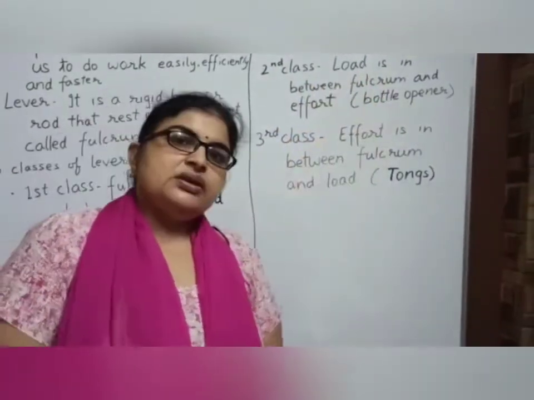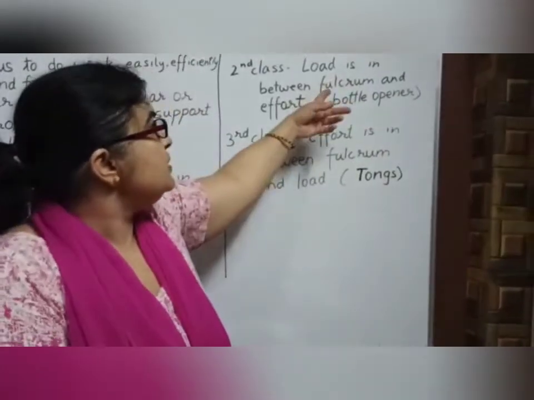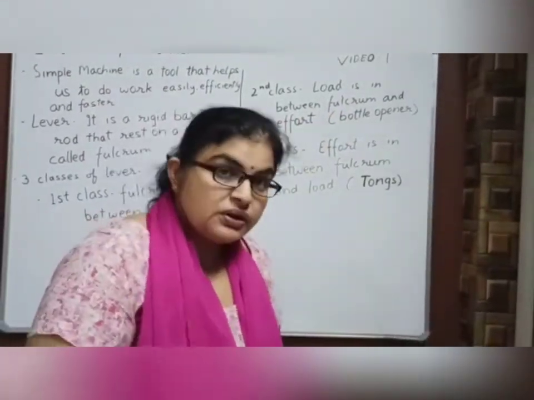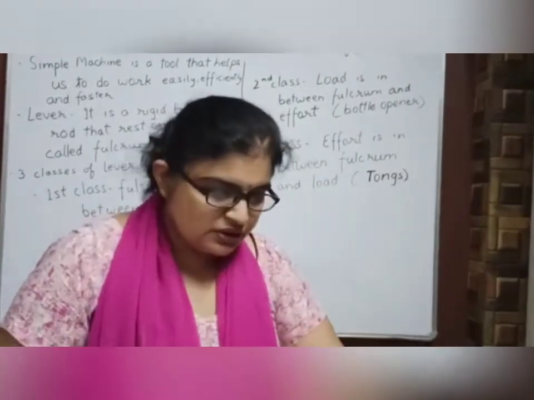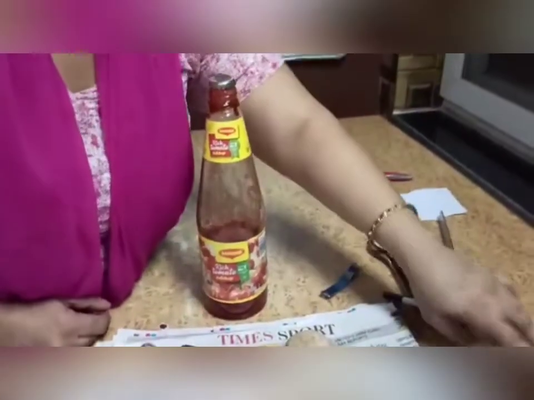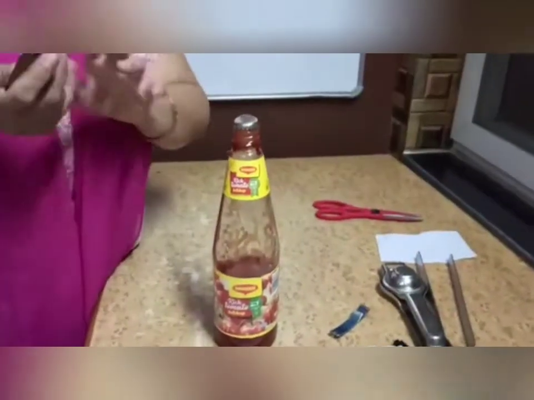Okay. So next is the second class of lever. In this, the load is in between the fulcrum and the effort. Load means where we are doing the work. So in this we wanted the stone to be lifted up. Now another example: this is a bottle of sauce and this is a bottle opener.